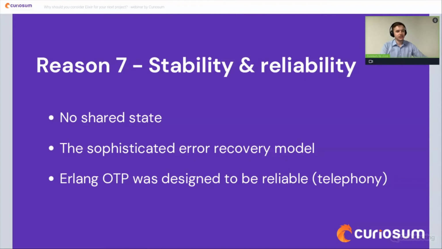And stability and reliability. There's no shared state here, so it's much easier to create software that doesn't break on this point. There is a sophisticated error recovery model. This is something that Elixir has because it uses OTP, and OTP is Open Telecom Platform.